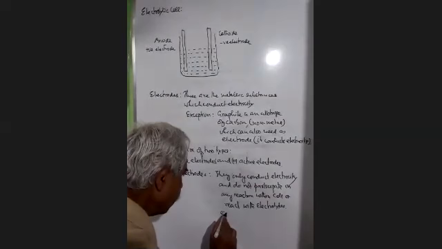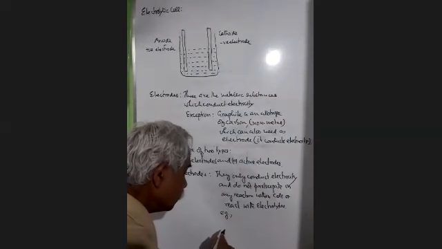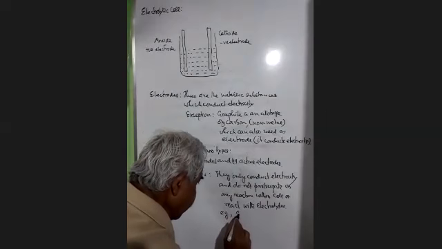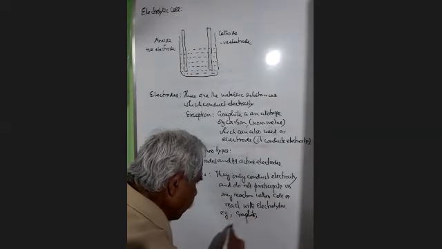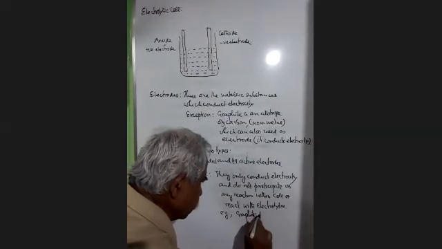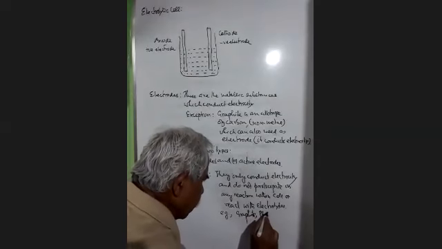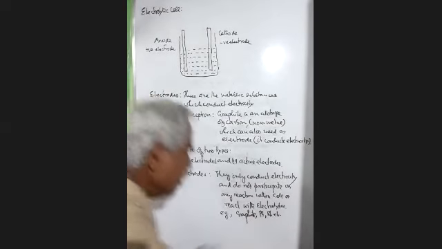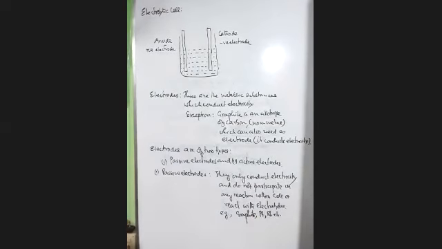Example: graphite, then platinum, then rhodium. That's it.